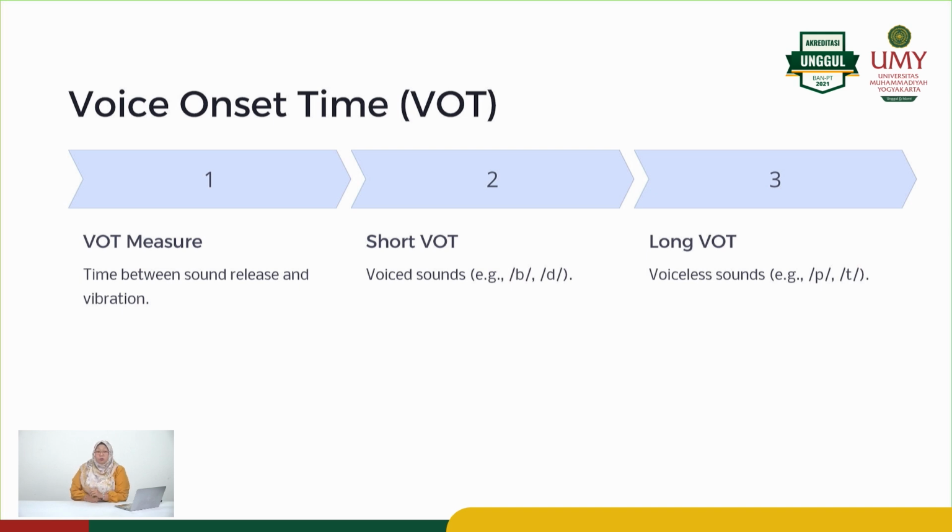This is one way we tell sounds apart. So VOT measures the time between sound release and vocal cord vibration. Short VOT is usually for voiced sounds like b and d, while long VOT is for voiceless sounds like p and t. That's voice onset time.